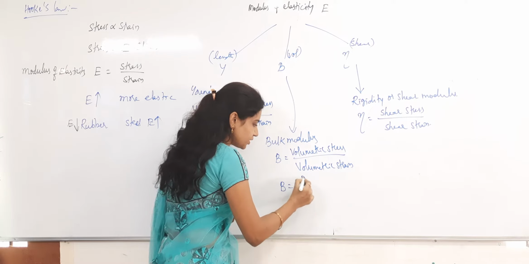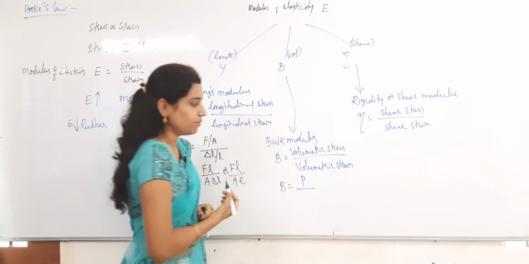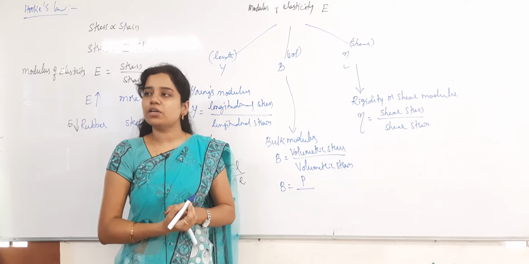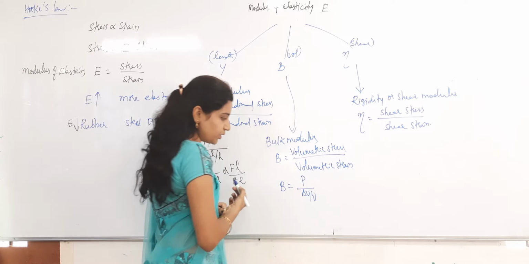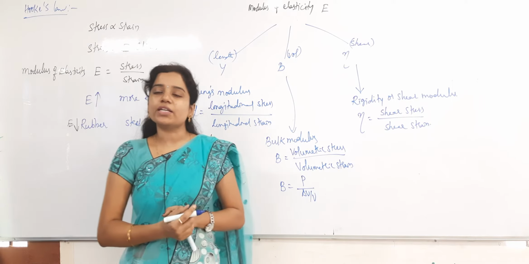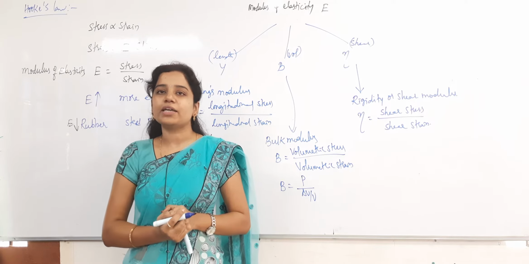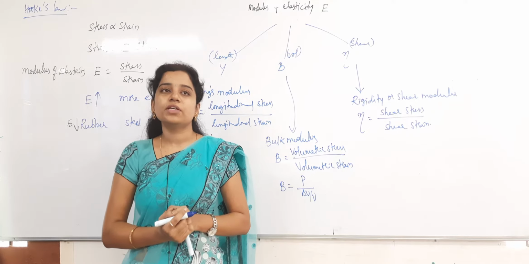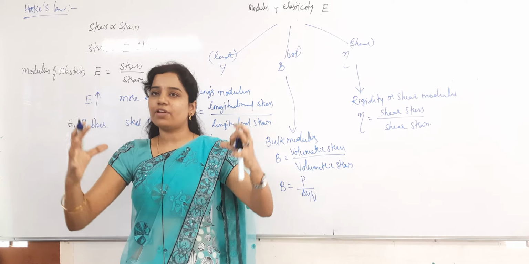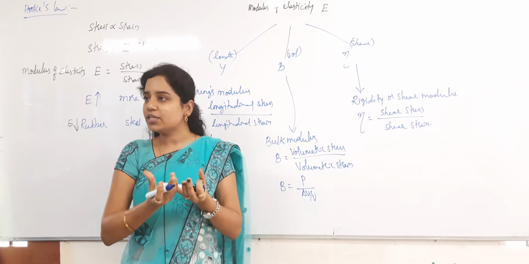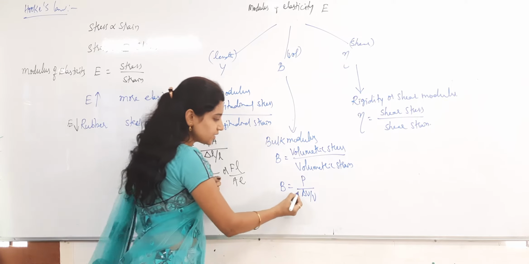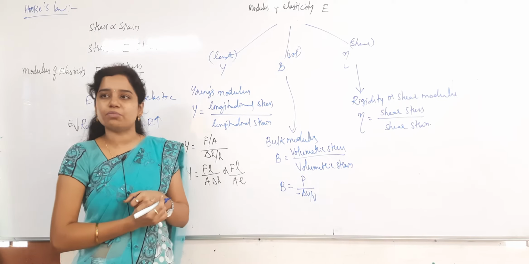So that pressure P divided by volumetric strain formula is what? Delta V by V. And also tell me one important thing. Whenever you are increasing the pressure, at that time what happens to the volume? Volume will decrease. Whenever I am increasing the pressure from all the directions, size of the body is decreasing. So that volume is decreasing. So that minus delta V by V.